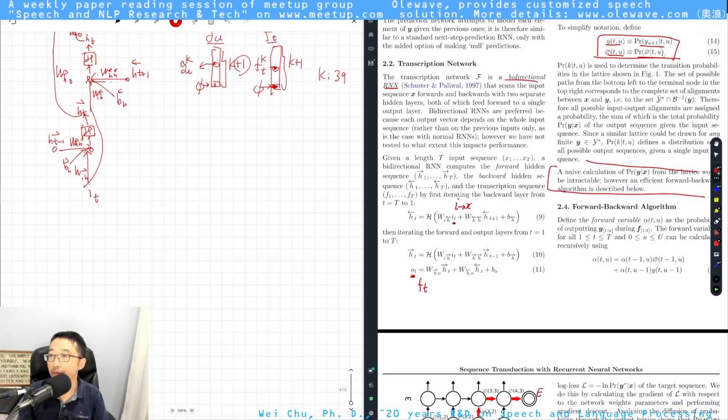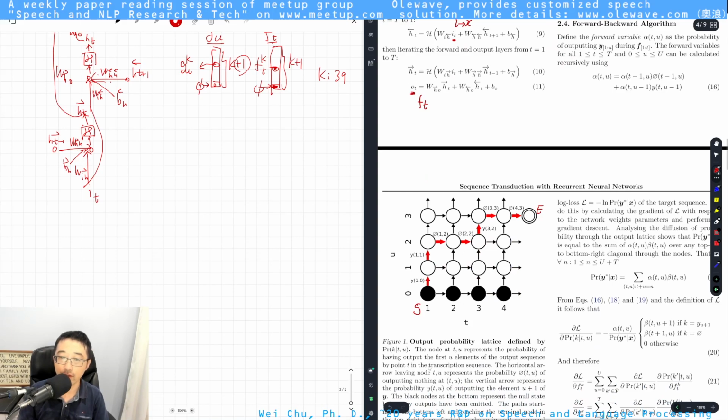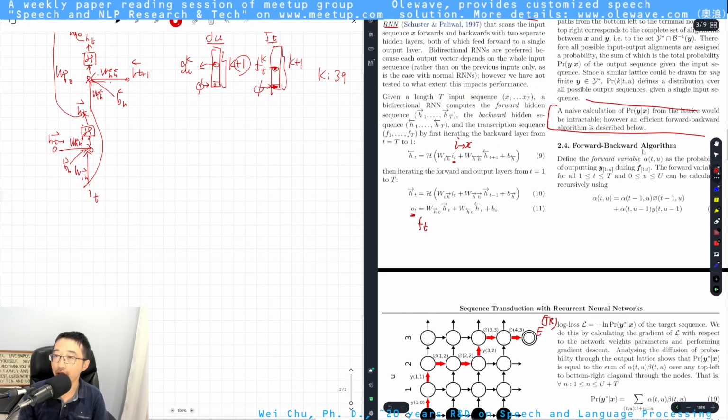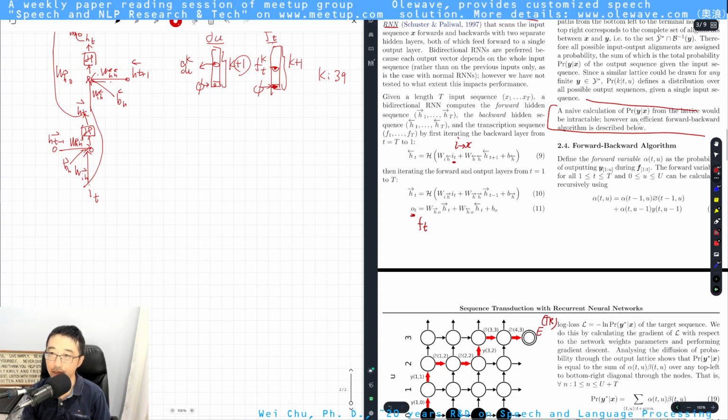So you want to go from bottom left to the top right. Okay, this is called the bottom left. This is called the top right. Okay. I hope you're with me, because I'm explaining this at a very slow speed, because most of you are not familiar with the forward and backward algorithm and the CTC paper.